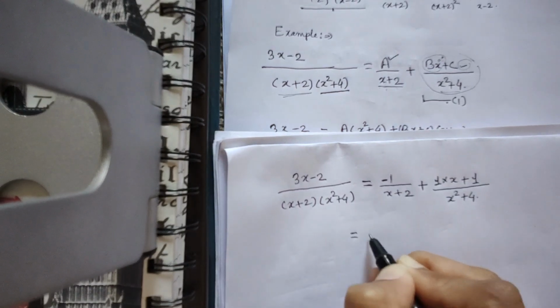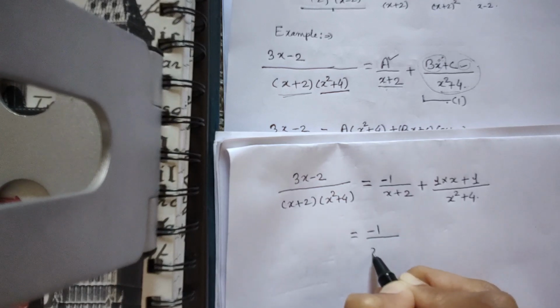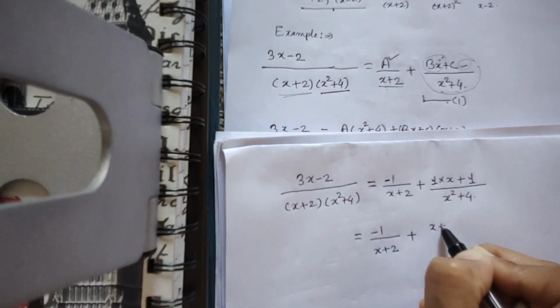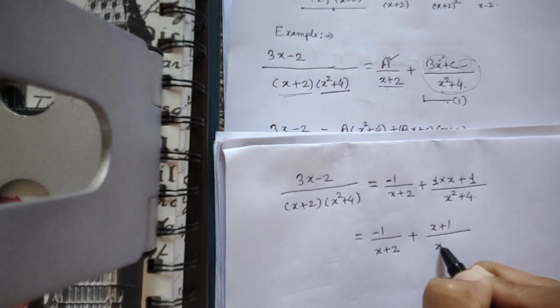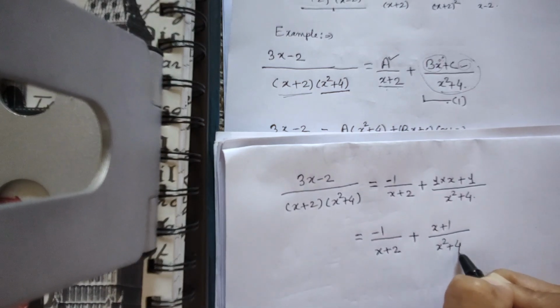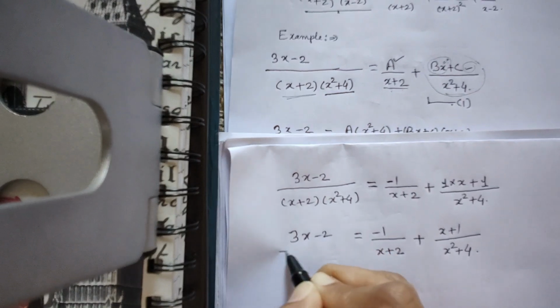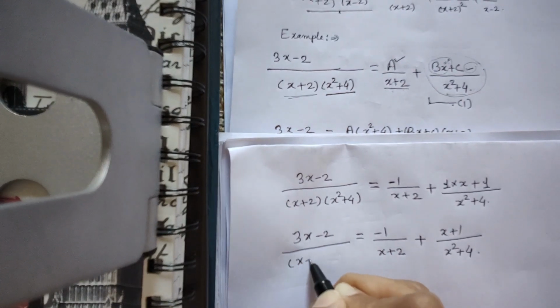So finally I have minus 1 upon x plus 2 plus x plus 1 upon x square plus 4. And that's how we find the partial fraction of the given equation.